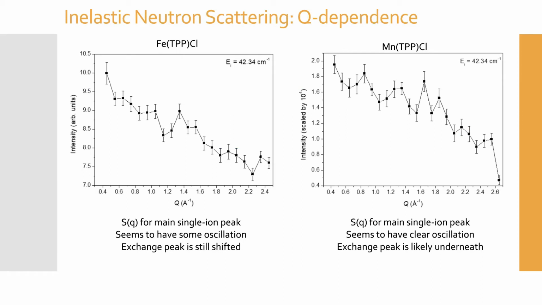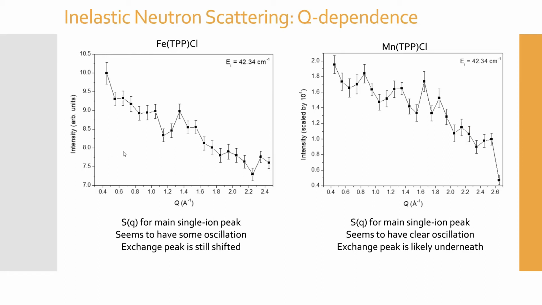So now we look at the Q dependence of our neutron scattering data to see if there's any telling nature of exchange interaction. Typically in exchange interactions, we'll see some sort of oscillation within the data, and for a single ion, it will just typically go straight down and follow the data in a line downwards.